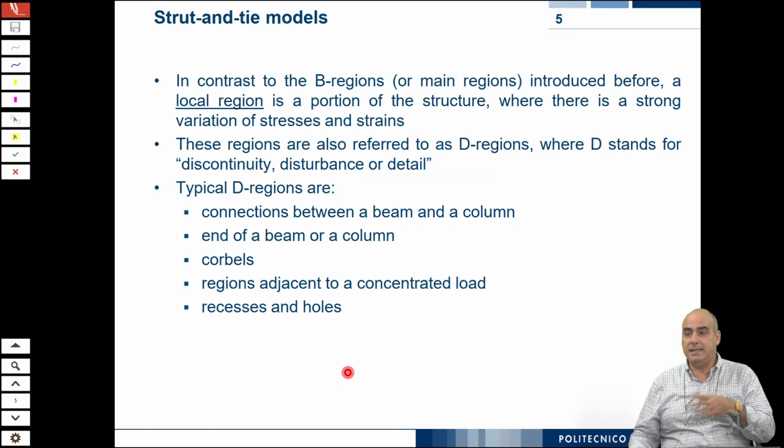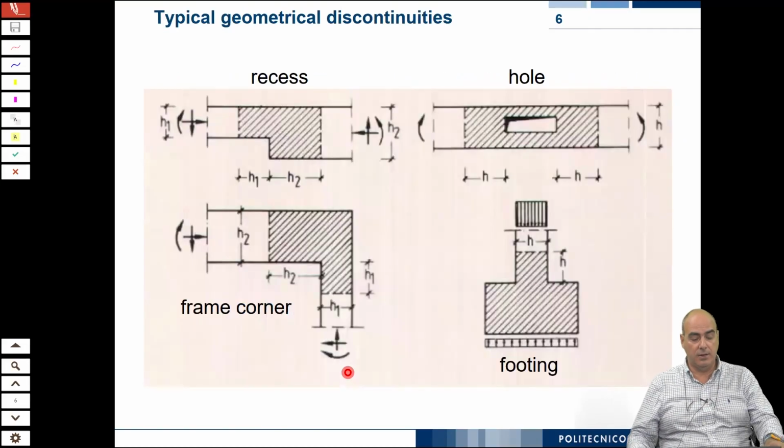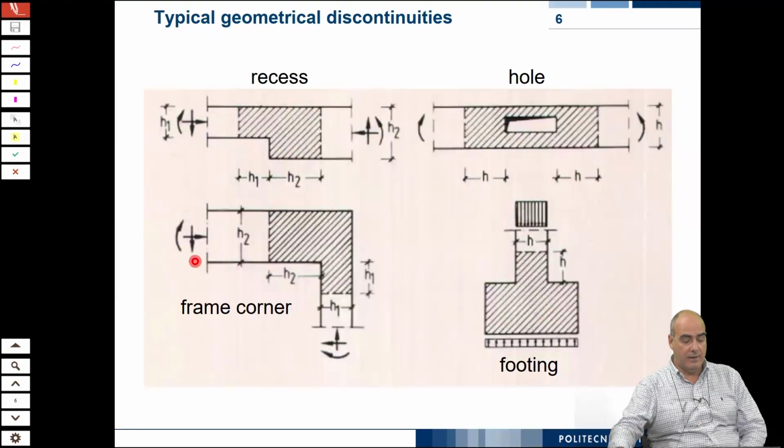But in other cases, you might have holes to let pipings and ducts pass through. And you make them in parts of the element where you do not risk disturbing it statically. So you see some examples here. Here we have a beam-column corner. This part here, which is filled, is a D region.